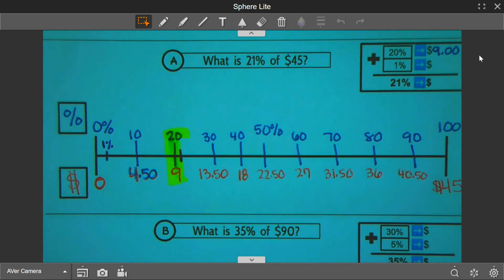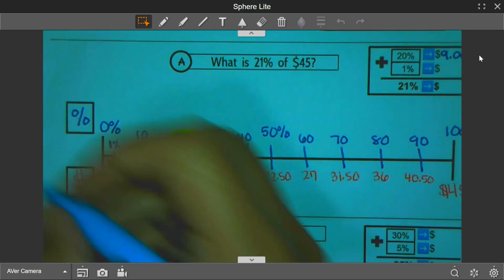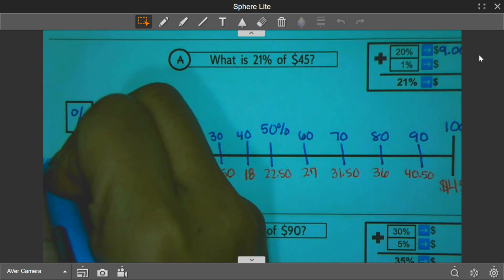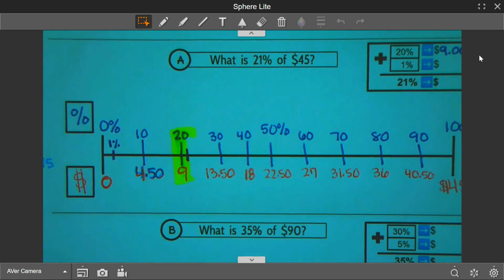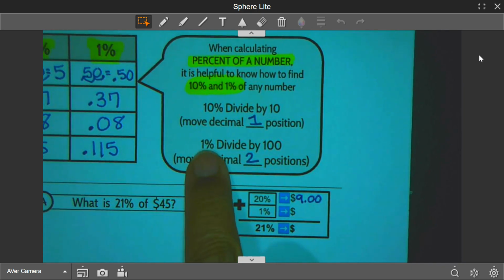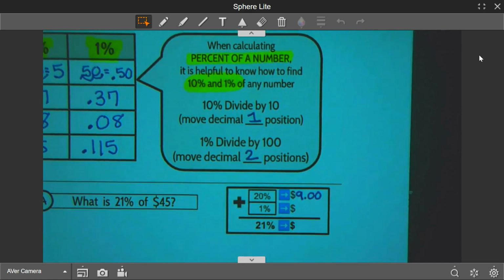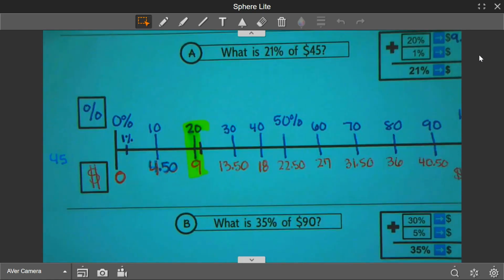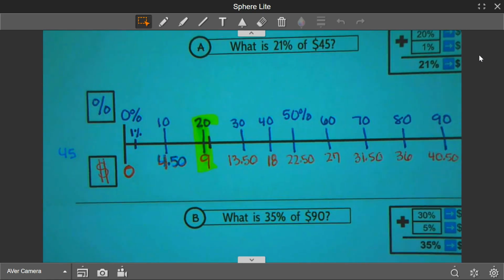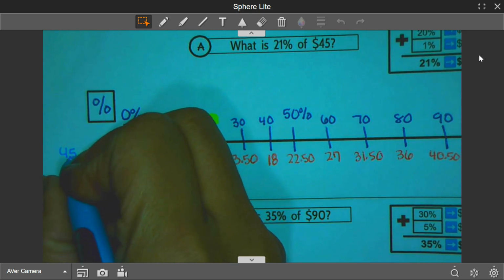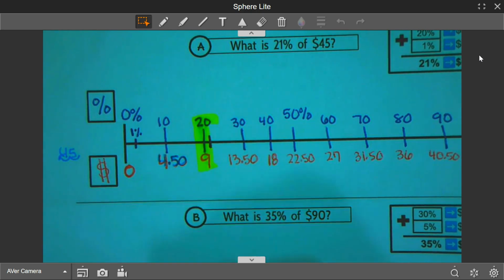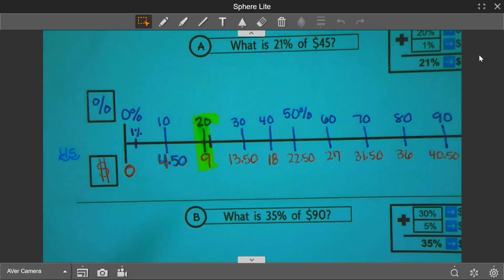And 1% of 45. So I'm going to take that 45. Think of my practice, or what it says here: to find 1%, I divide by 100 or move the decimal 2 positions. So I'm going to take 45 and move 2 positions, or divide by 100, and that is 0.45.